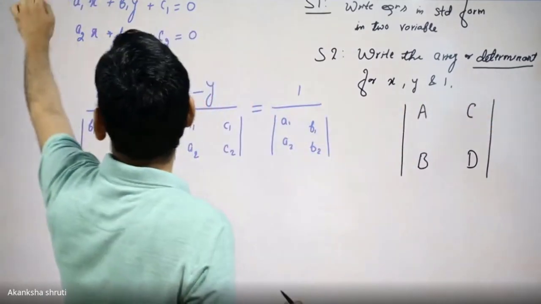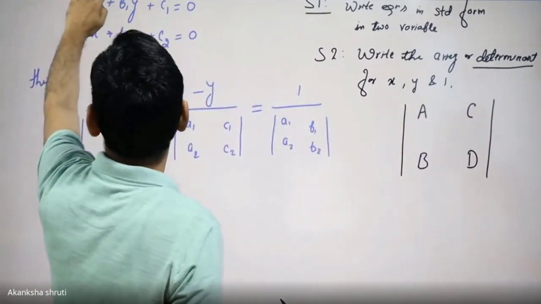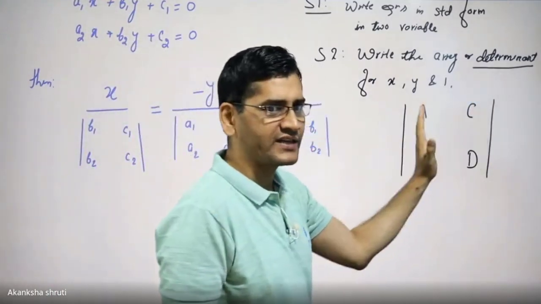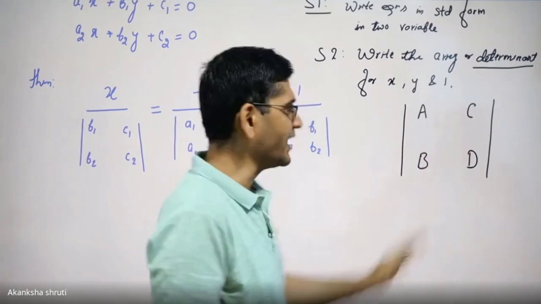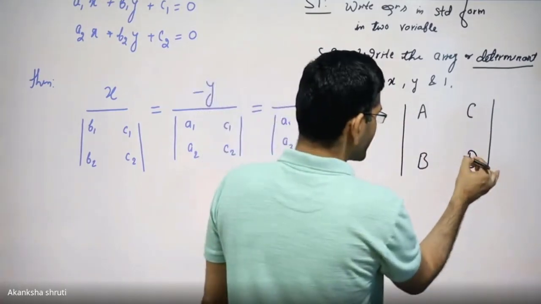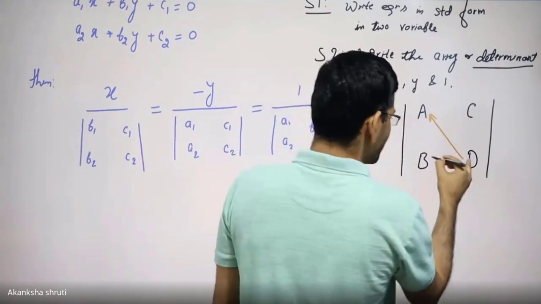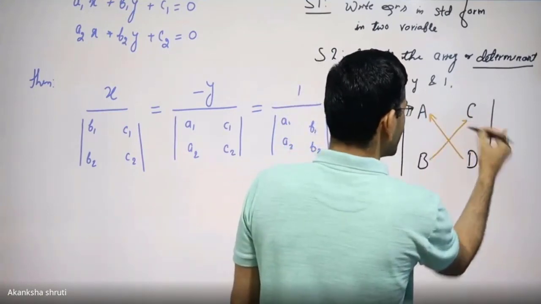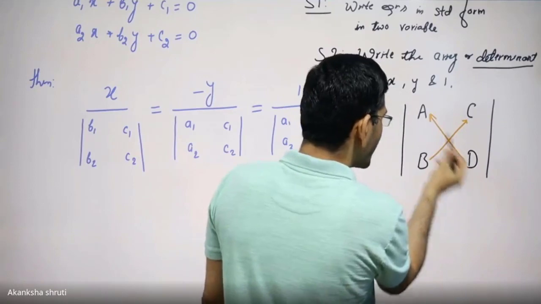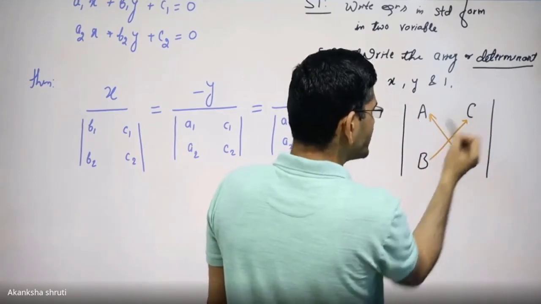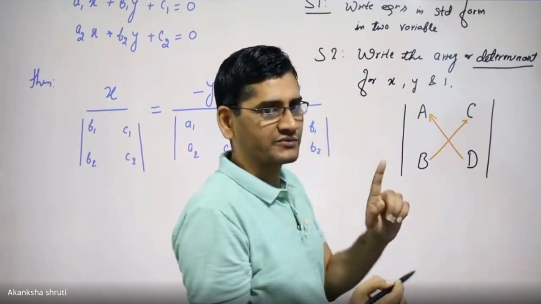has some inherent value in mathematics, and that mathematical value for this array or arrangement or determinant is given by multiplying A with D and multiplying B with C. AD has to be written first and BC has to be subtracted from it.